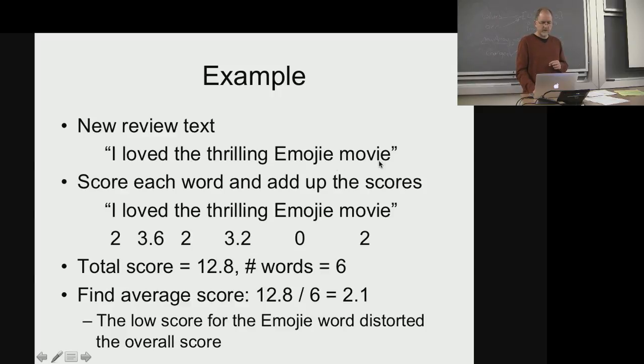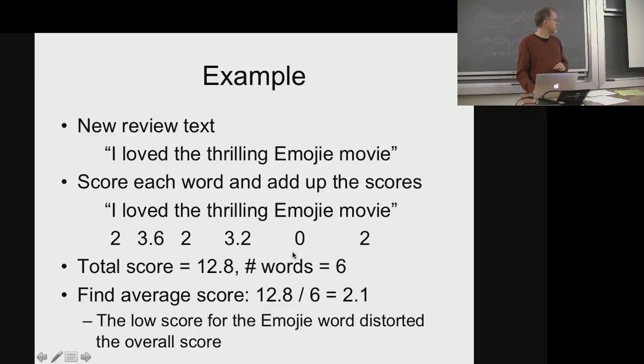Score each word: I, sort of neutral, 2; loved, 3.6; the, pretty neutral; thrilling, tends to be good; emoji seems to be 0; movie, 2, neutral. Total score, 12.8. There are 6 words, 1, 2, 3, 4, 5, 6. So to get your rating for that review, you would take the total score divided by the number of words, and get a rating of 2.1.